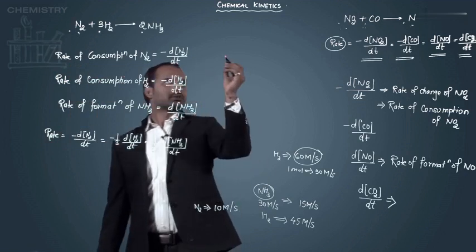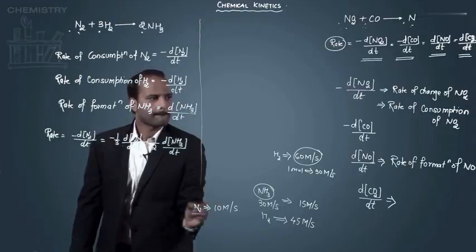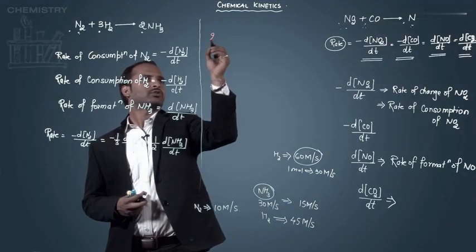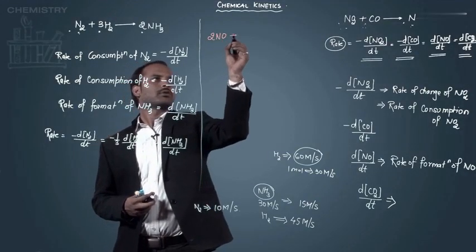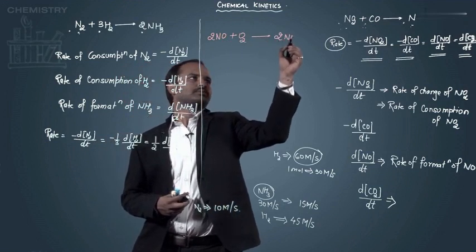Okay. Now suppose another example having different coefficients: 2 moles of NO plus O2 gives 2 moles of NO2.